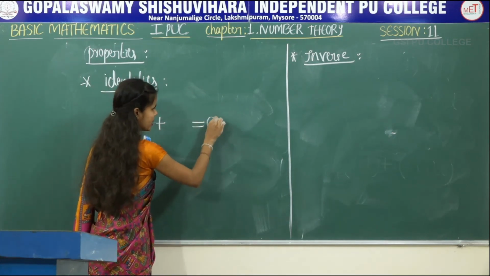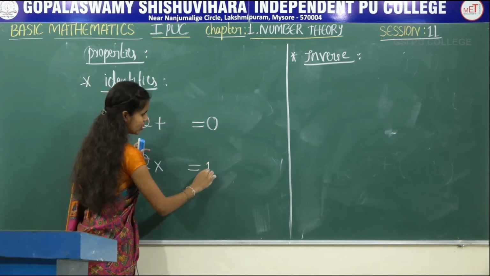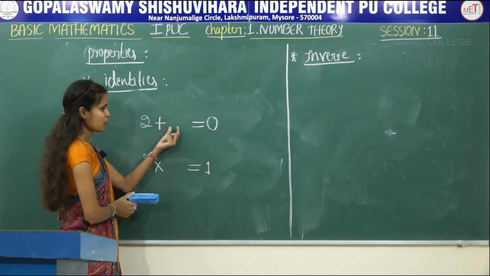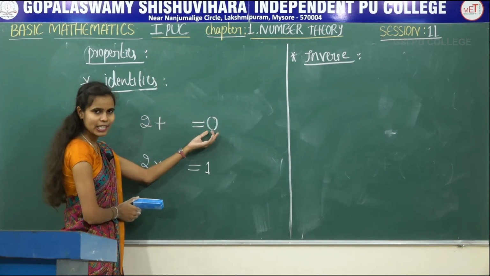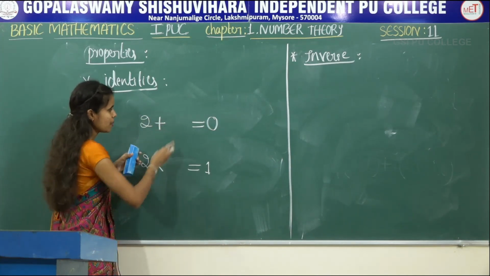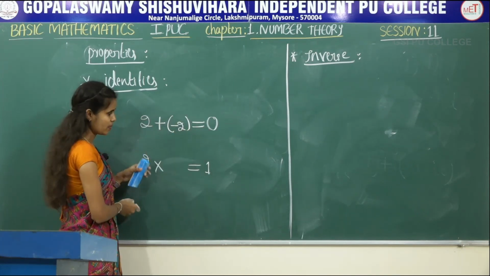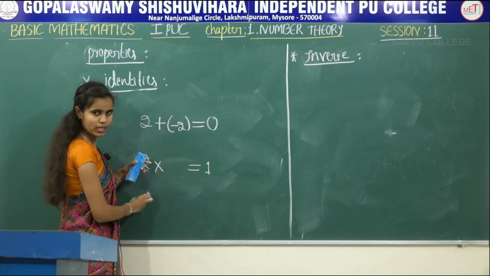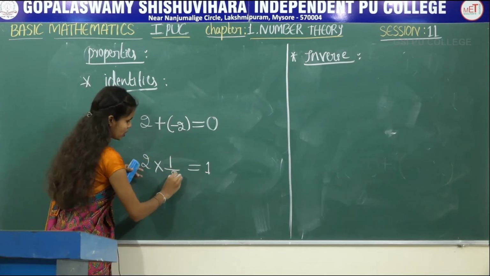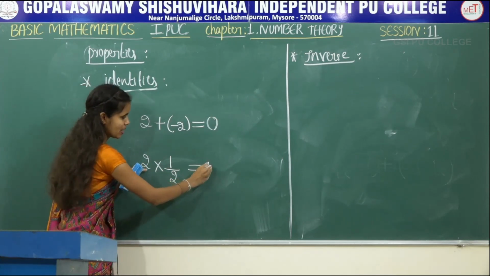Which number do we have to add to get the additive identity? The reverse of this number. Add minus 2: minus 2 plus 2 is 0. Similarly for multiplication, consider a division: 2 into 1 by 2 is 1.